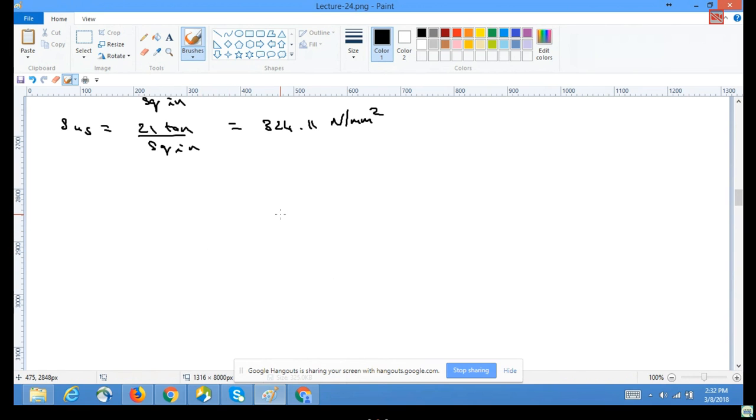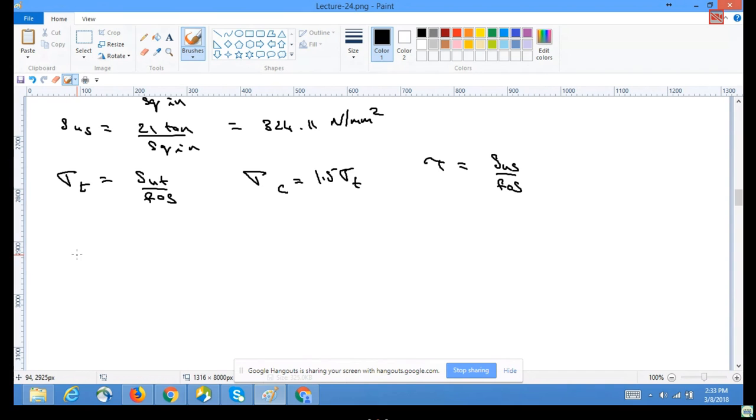So accordingly, using this, we will again get our permissible values: sigma c is 1.5 times sigma t, and tau is sigma SUS by factor of safety, used to determine the corresponding values, and based on that we have designed it.